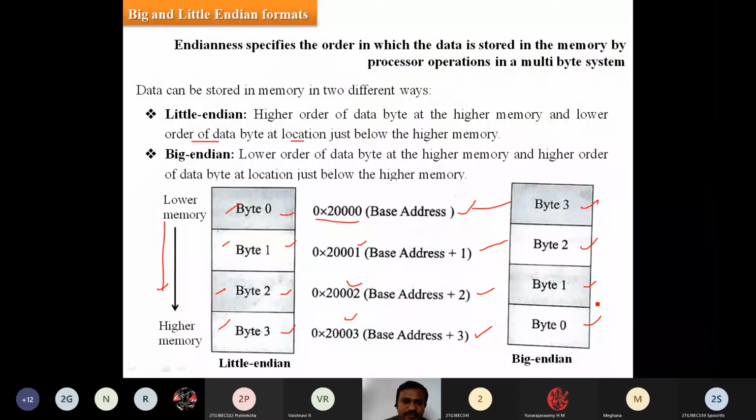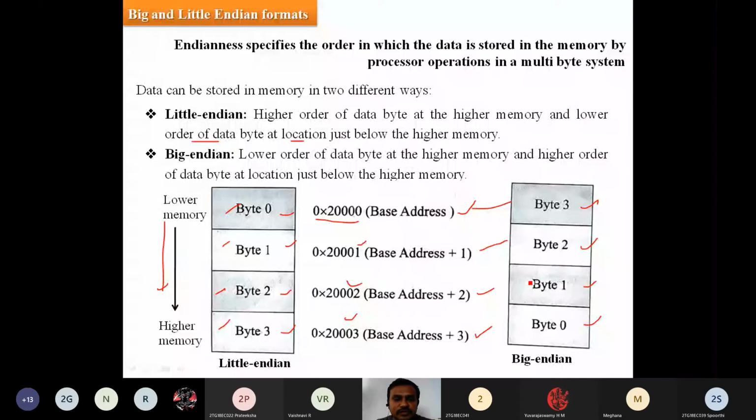Okay, let me explain once again so that you can answer my question. Let me go through this Little Endian and Big Endian data storage once again. Memory: we have the memory locations beginning from the base address to the higher end memory location.